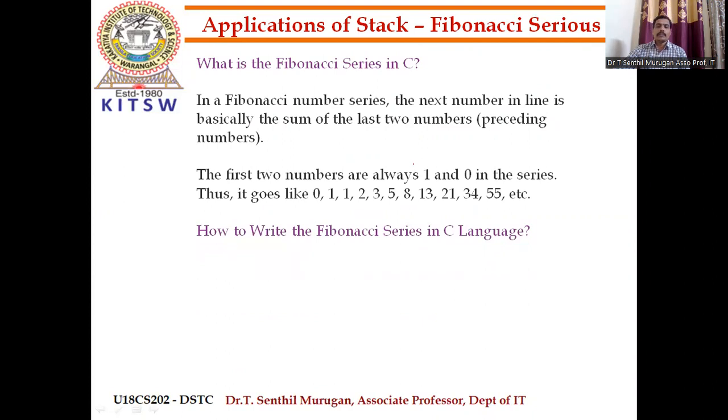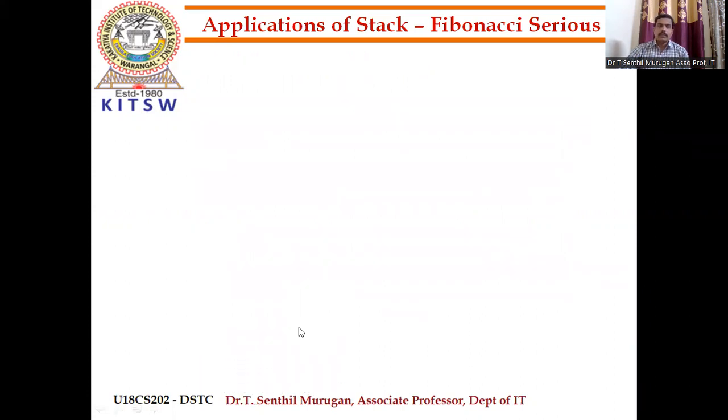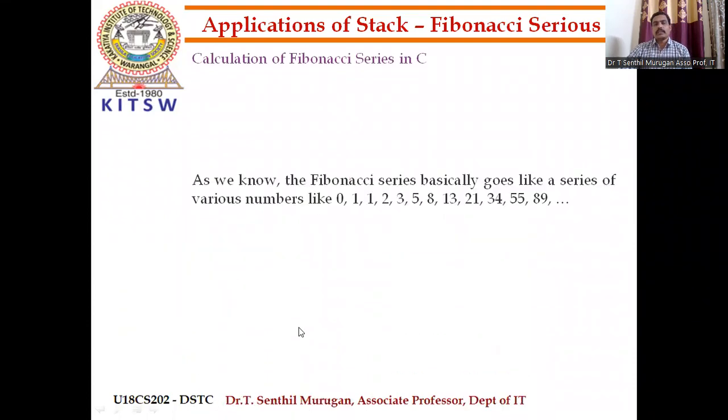So how do we write the Fibonacci series in C language? First we know the recursive function. In two ways we can represent the Fibonacci series in C language: one is using recursion, and the other is without recursion. In this particular example, we will use the recursive function to calculate it.